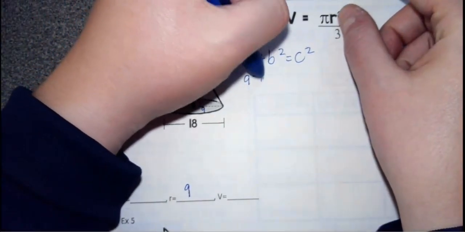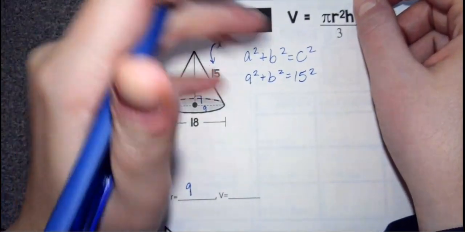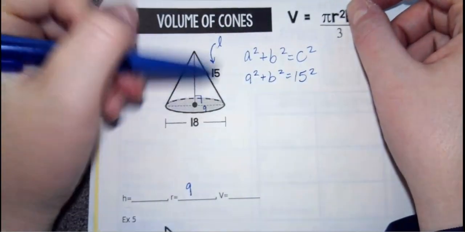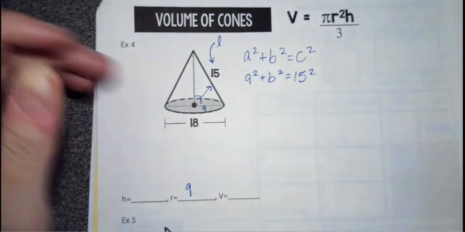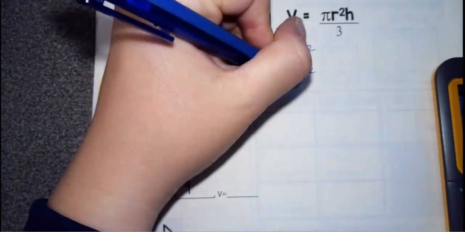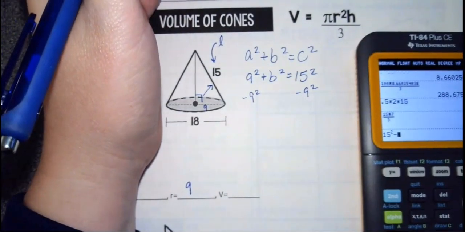All right, so 9 squared plus b squared equals 15 squared. And this is just Pythagorean theorem. So why did that 15 go here instead of here? Because it's the hypotenuse. It's across from that right angle. So I'm going to subtract 9 squared on both sides. Make sure you don't do 15 minus 9 because you will get that wrong.